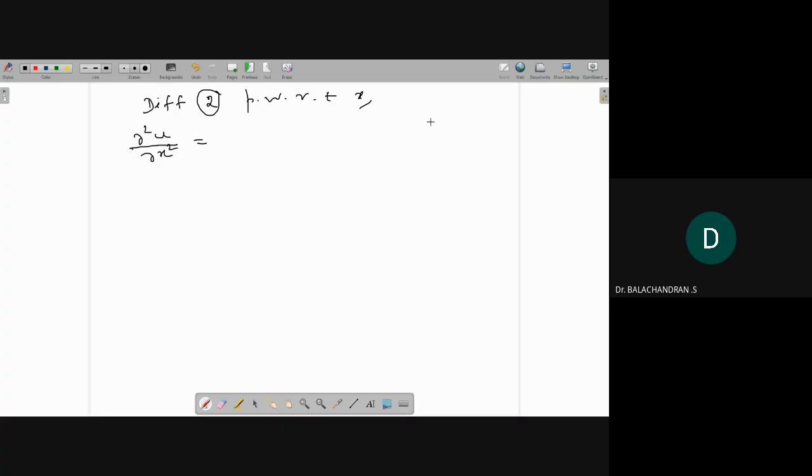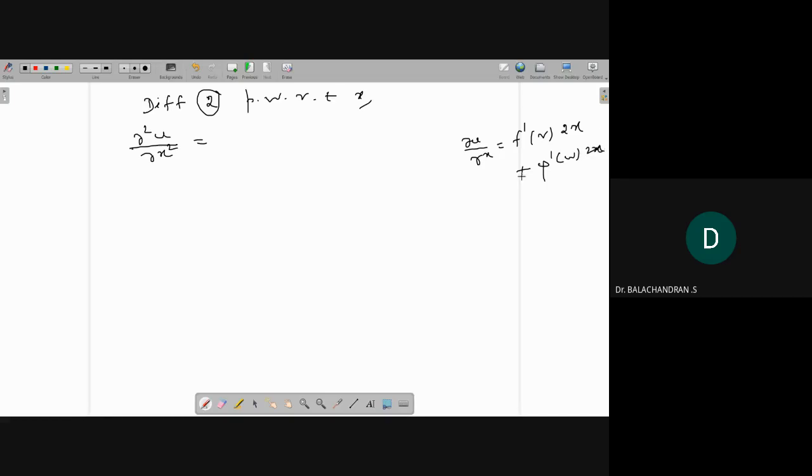Okay, otherwise, what is dou u by dou x? Dou u by dou x is equal to f dash of v into 2x plus phi dash of w into 2x.